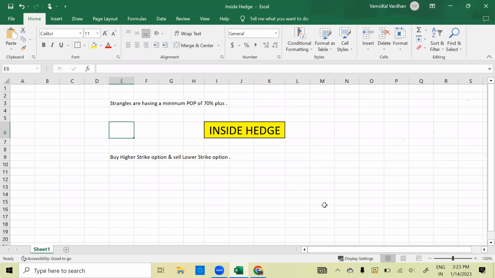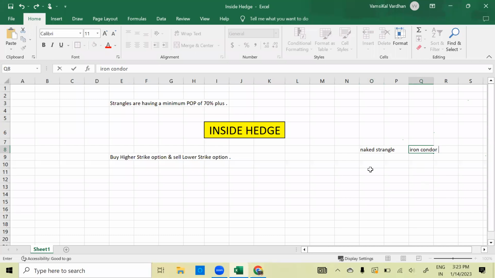Here in strangles, there are two ways of doing a strangle. One is naked strangle. The second one is iron condor.